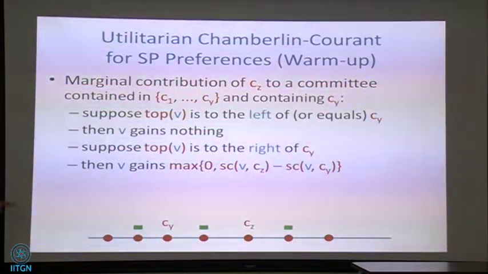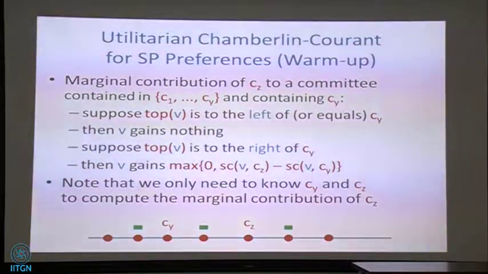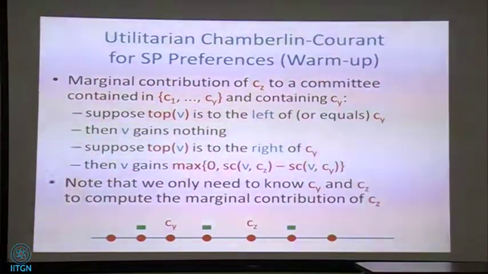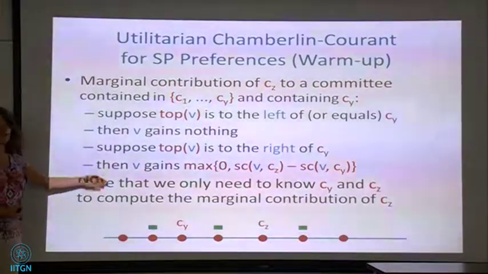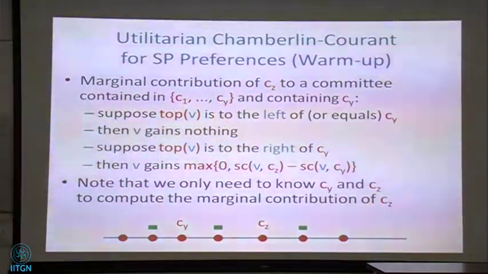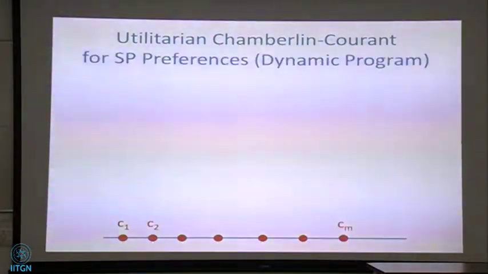So it's the maximum of zero and his possible gain. We can write it like that. The point I was making is that to compute this marginal contribution, we only need to know Cy and CZ. This is the gain of voter V, and obviously we can sum this quantity over all voters. That would be the marginal contribution of CZ to the committee. These are the ingredients we need for the dynamic program.